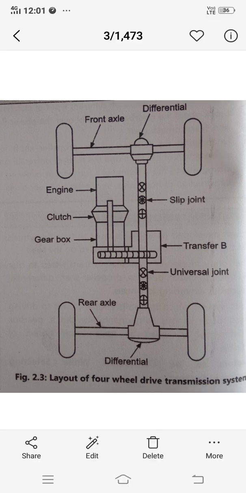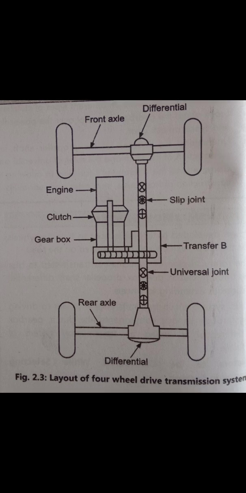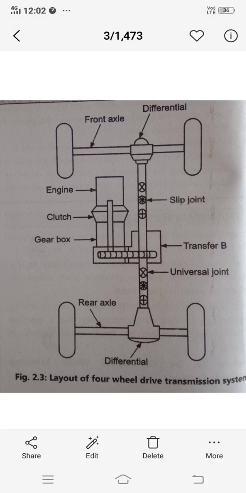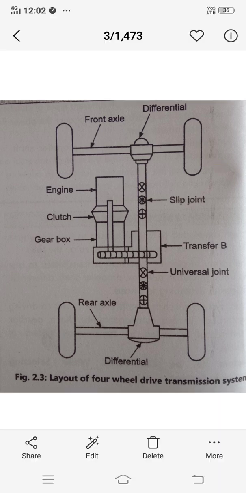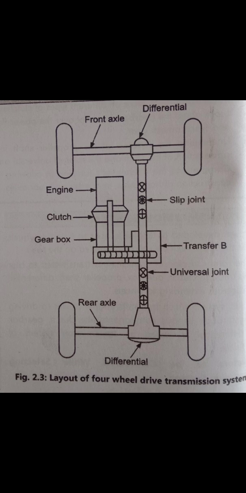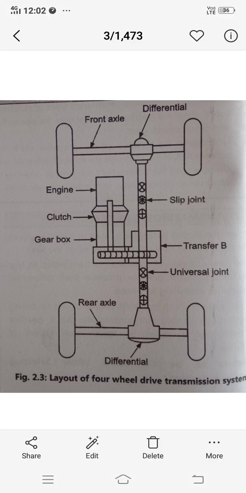In this system, the engine power is distributed to all four wheels, so the total weight of the vehicle helps in providing better grip and traction. This feature is commonly used in vehicles like jeeps and SUVs, which are often referred to as 4x4 or all-four drive vehicles.